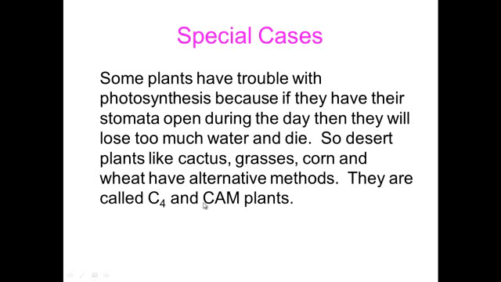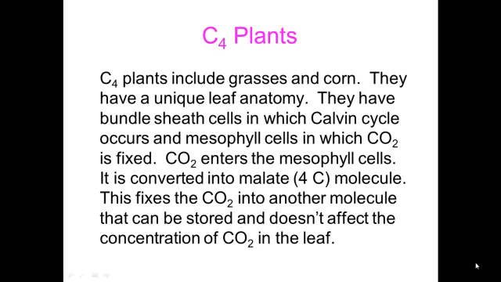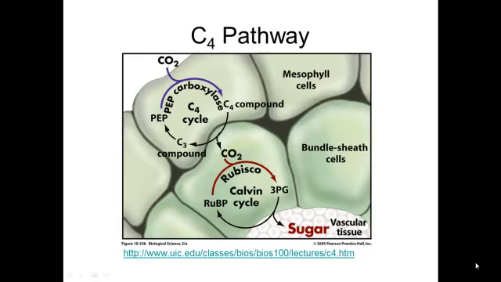So there are 2 special processes, C4 and CAM, and we're going to talk about both of these. C4 plants are things like grasses and corn, and they have a different leaf anatomy. Instead of the normal leaf anatomy, they have cells called bundle sheath cells, and then they have mesophyll cells. Let's see if I have a picture.